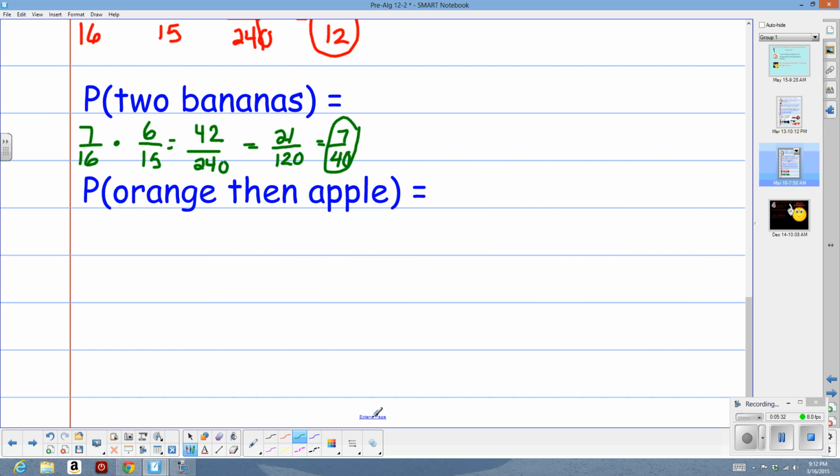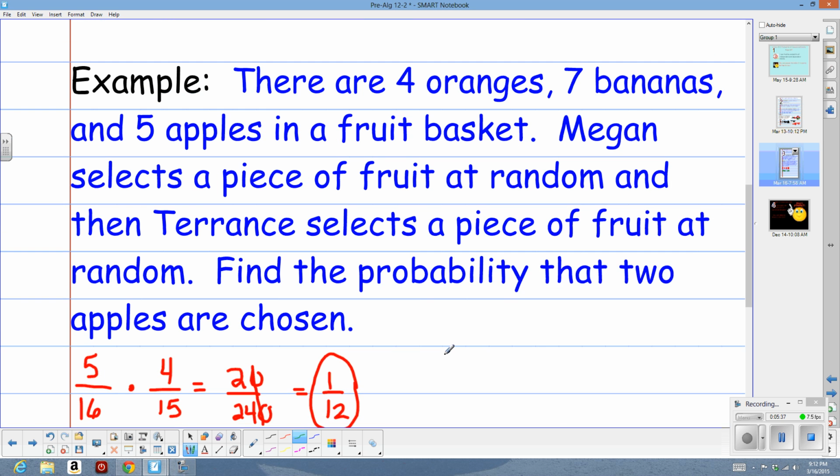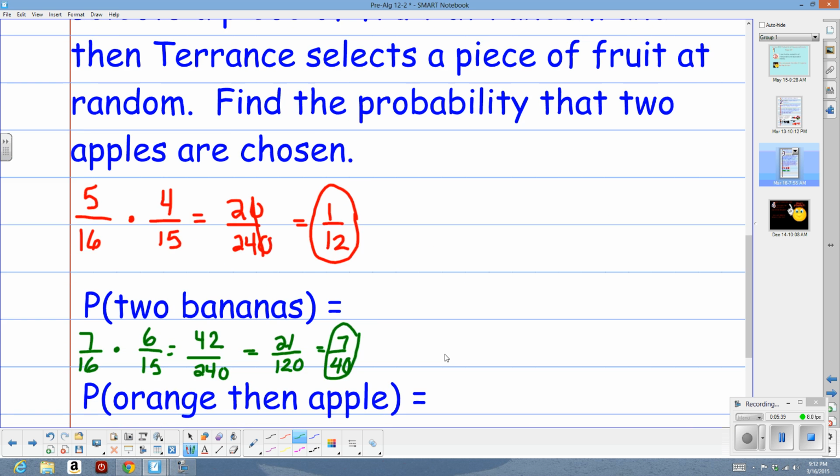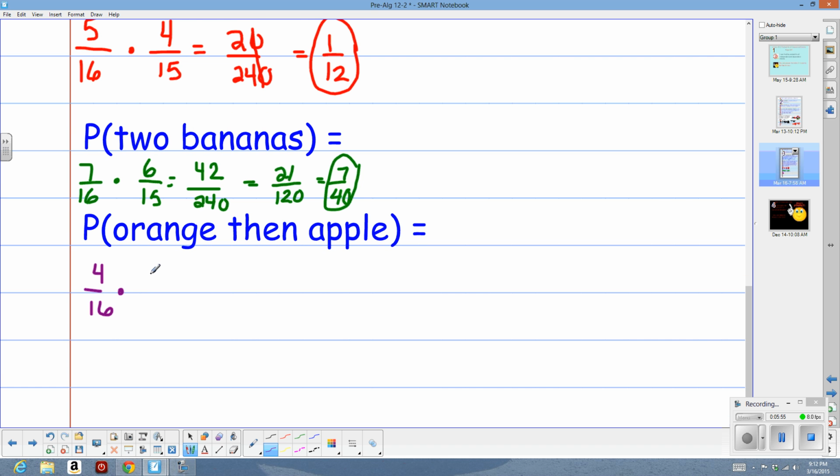And then the last one, the probability of an orange, then an apple. Well, there are 4 oranges out of 16 pieces of fruit. Now, after an orange is selected, the probability of getting an apple, well, there's still 5 apples in the basket, but now there's only 15 pieces of fruit.